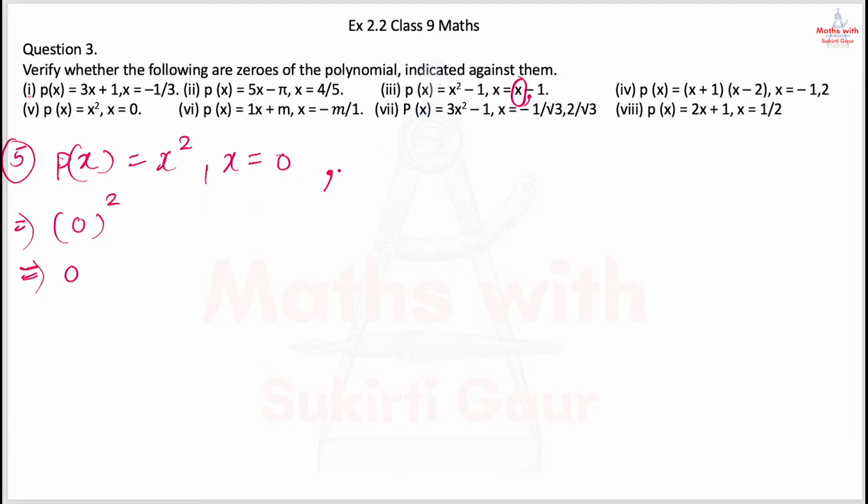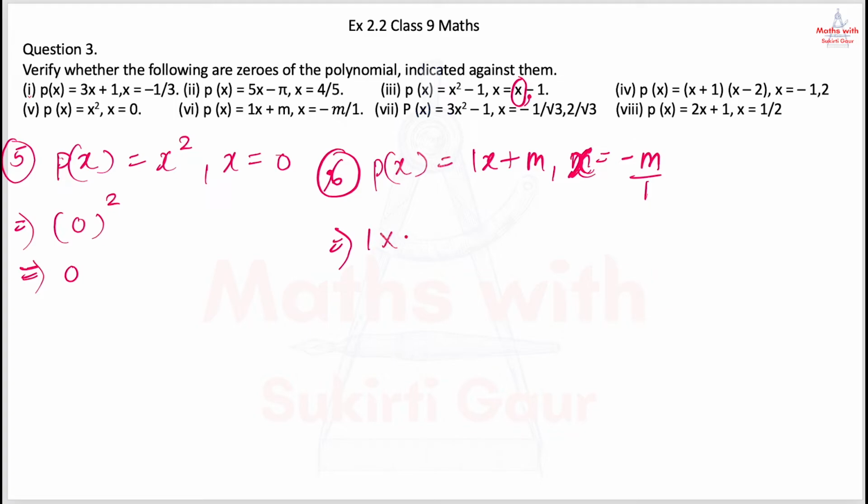Now the sixth part is p(x) = lx + m, where we will be taking x = -m/l. Put the value of x as -m/l: l into -m/l plus m. l will get cancelled.